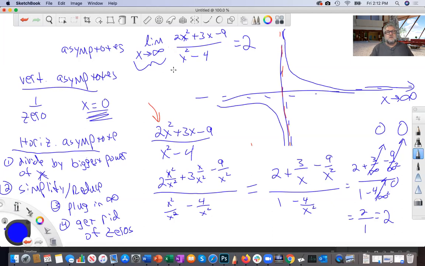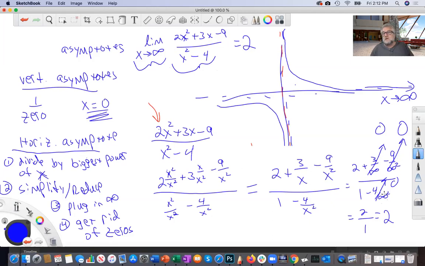So this tells me that this function, when I get out to infinity, is going to approach 2. What about negative infinity? What if I plug in negative infinity in here? It doesn't really matter. It's still going to be 2. So this is my horizontal asymptote.